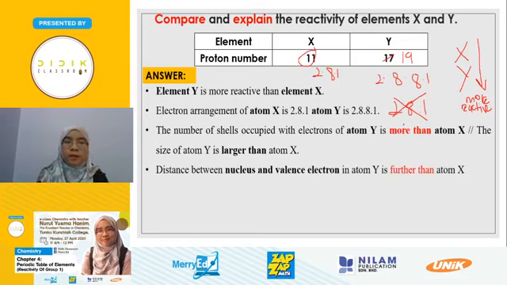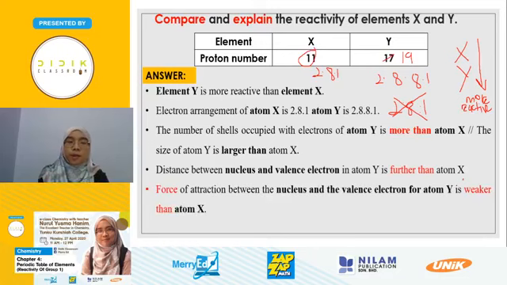And then the distance between nucleus and valence electron is further. After we talk about size or number of shells, we talk about distance, but we still compare the distance between nucleus and valence electron in atom Y and atom X. Then the force of attraction between nucleus and valence electron for atom Y is weaker.